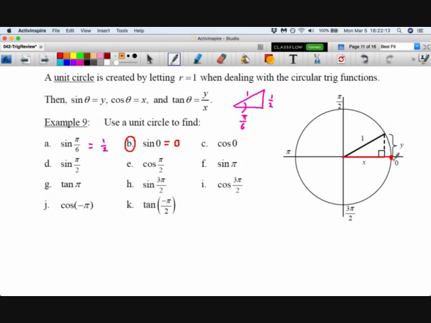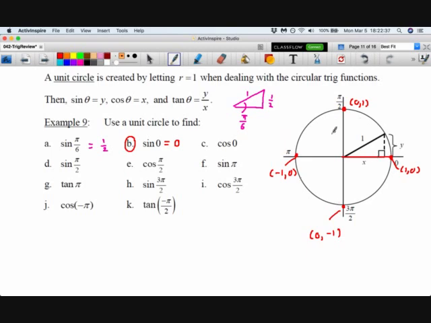The coordinate for pi over 2 is 0, 1. The coordinate for pi is negative 1, 0. I'm just messing up today. And for 3 pi over 2, we're talking about 0, negative 1.